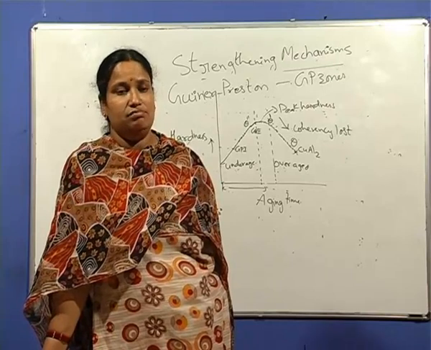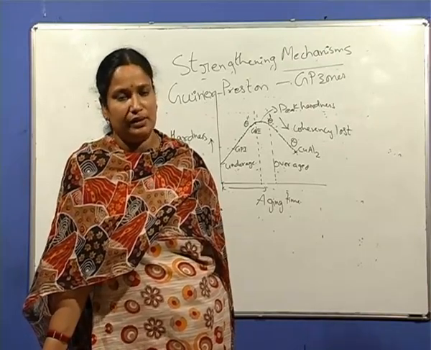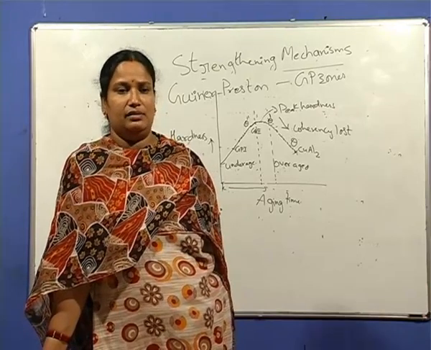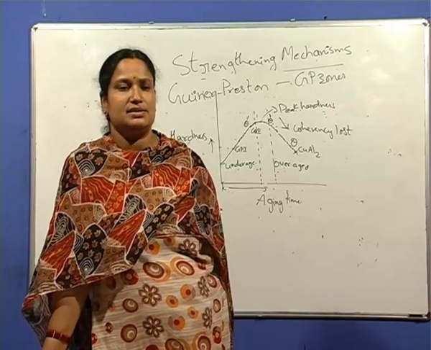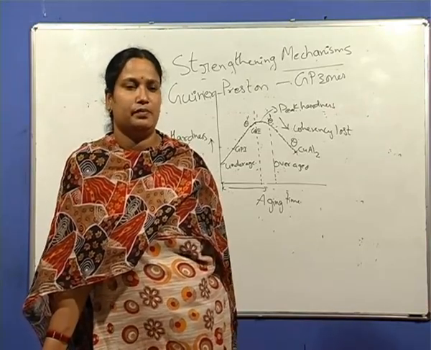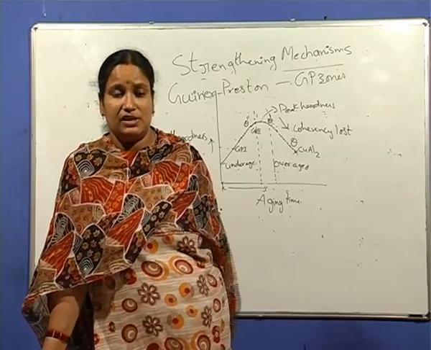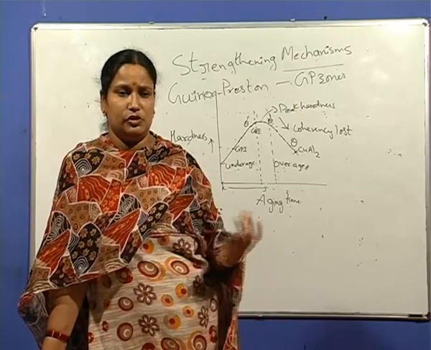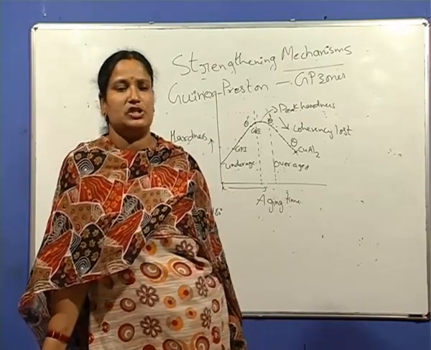So GP1, GP2 zones are named after the scientists Guinier and Preston. These zones are fine clusters of copper solute atoms, and because of the strains that are generated due to these clusters, they cause hindrance to the dislocation motion.